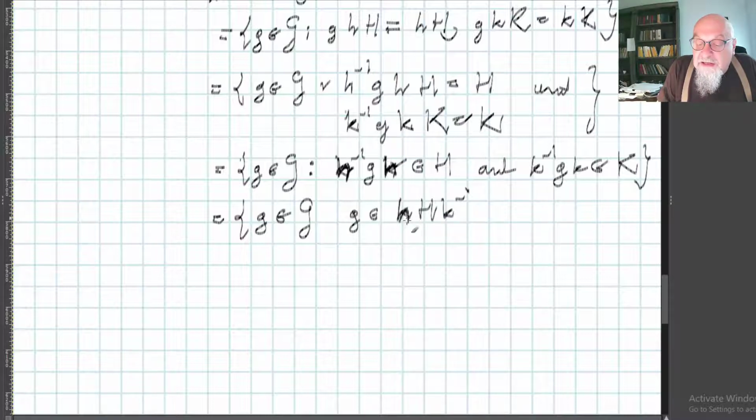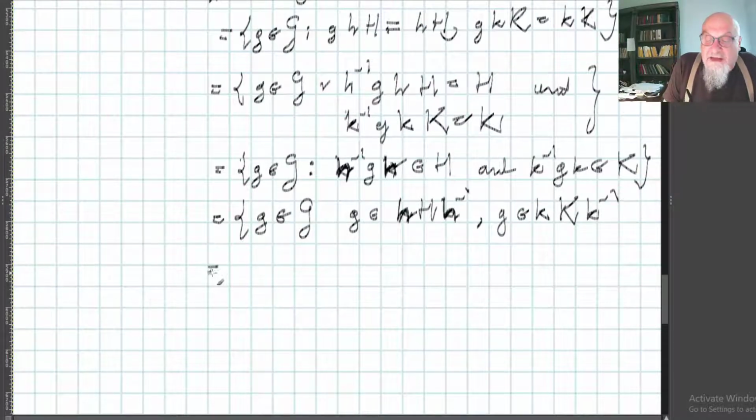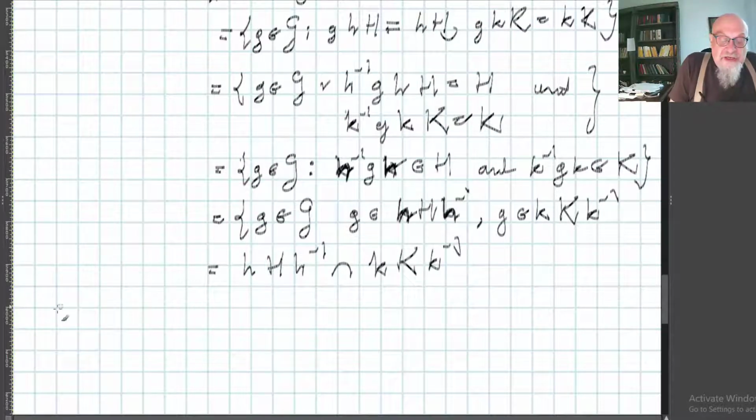So this one is H, this one is H, and g belongs to k K k minus 1, and after that we are getting that the isotropy of that one is actually equal to the intersection of these two conjugate subgroups.